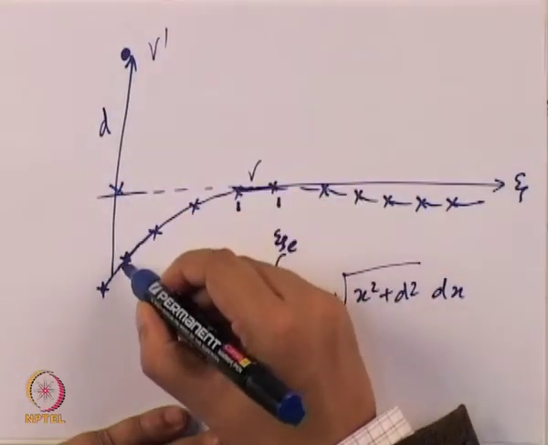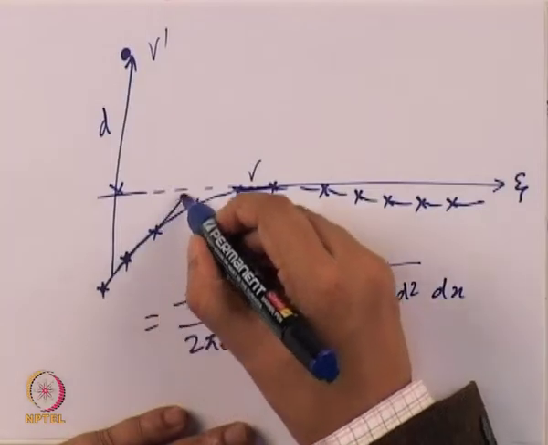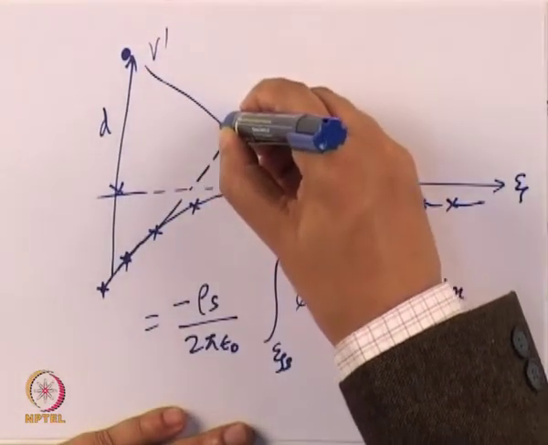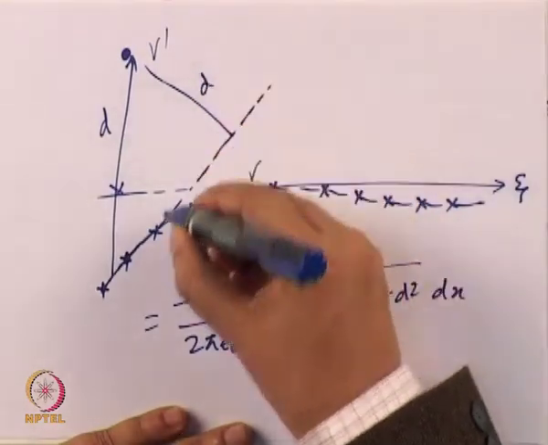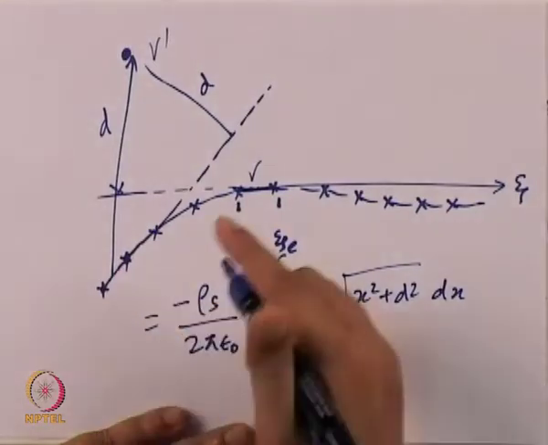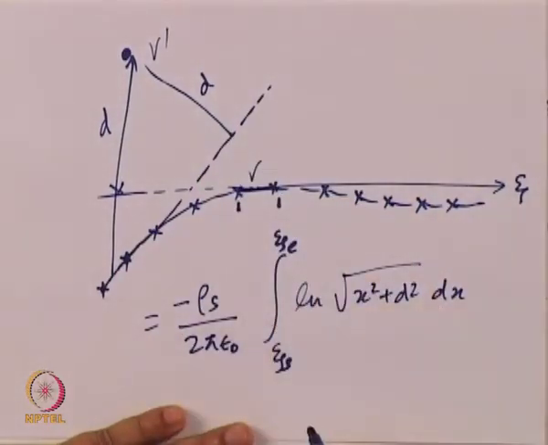When you are talking about this element, you extend this line and take the normal distance. This becomes the d for this particular element. It changes for each and every element, but d is the normal distance, and this is the way we compute the response function.